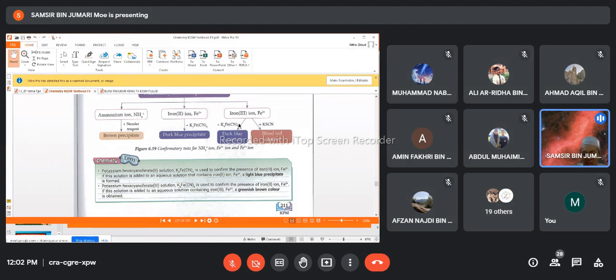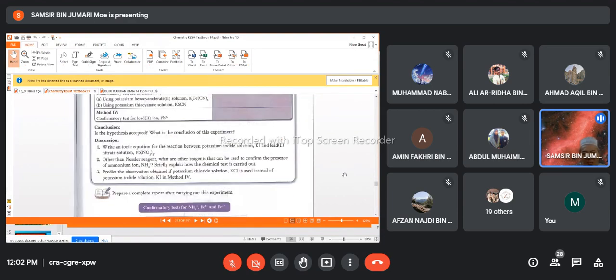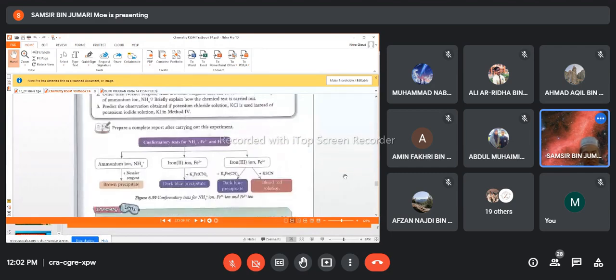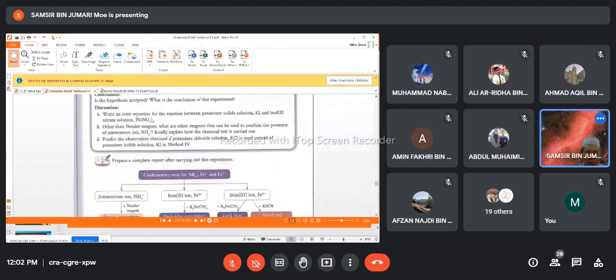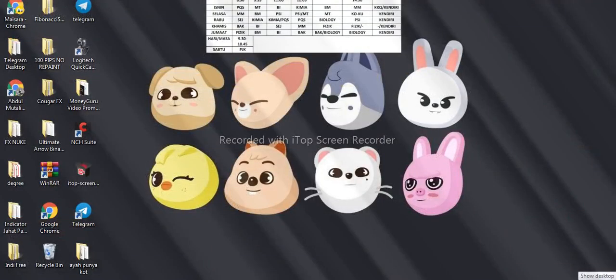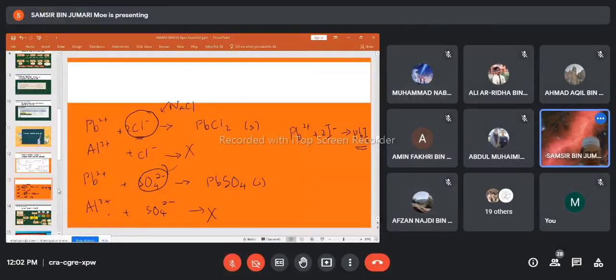Kalau hexacyanoferrate 3 ada sini dia bentuk apa ni? Greenish brown color. Okey, jadi macam mana untuk ingat mudah, mungkin ada satu cara.